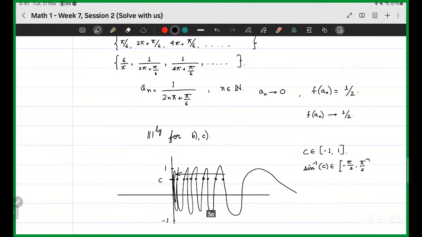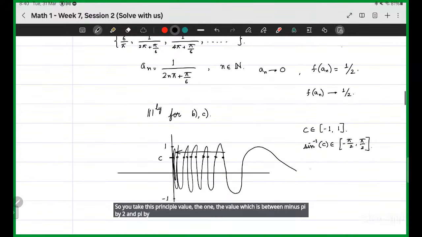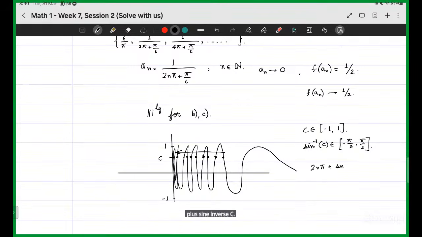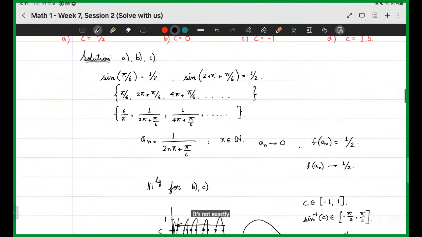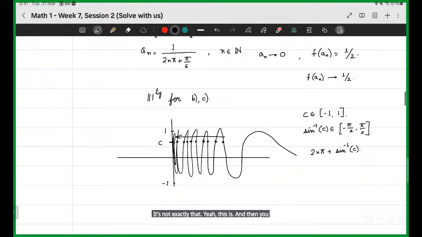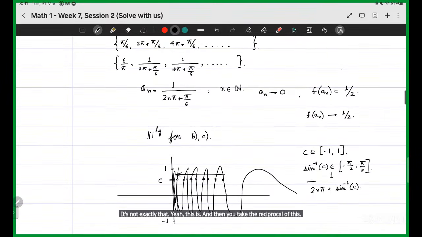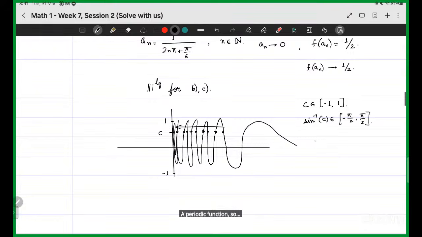So you take this principal value, the value which is between -π/2 and π/2, and you take the sequence 2nπ plus sine inverse C. And then you take the reciprocal of this. Just because it is a periodic function, okay, got it.